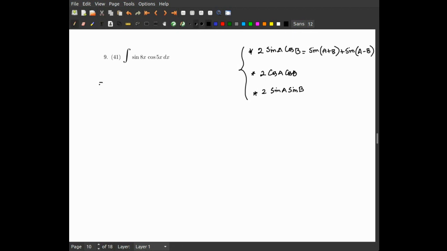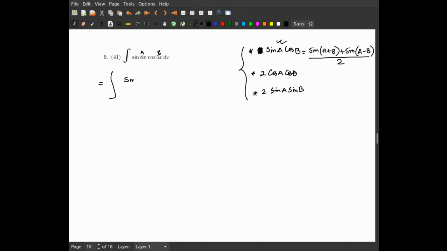All right, so let's use this one. So what do you have? We have the integration, and in this case, just think that this 8x is your A and this 5x is your B. And if you follow the formula, then what do you see? There is no 2, so let's take this 2 and divide by this whole thing. It's the same thing. So what do you have?